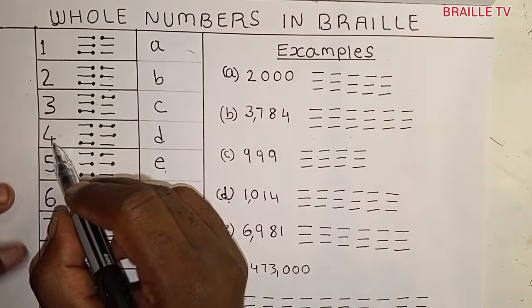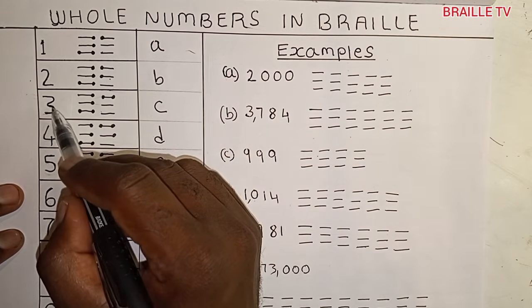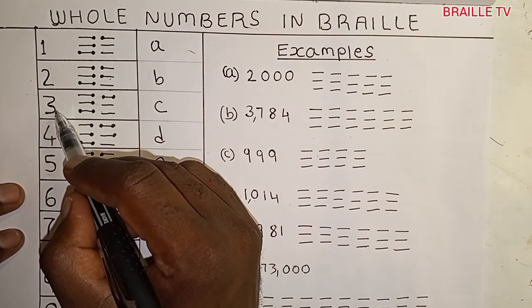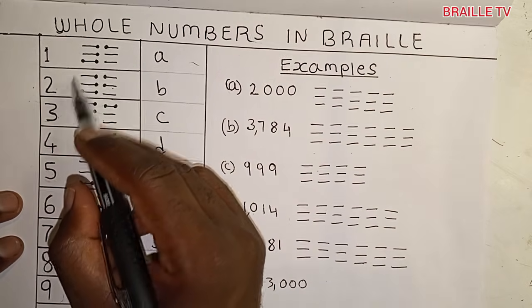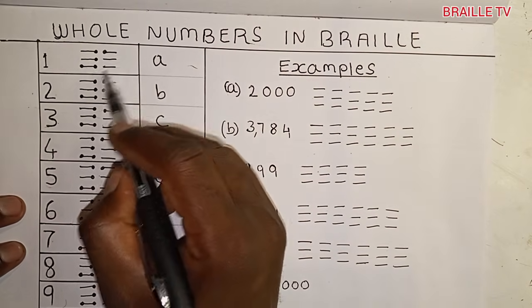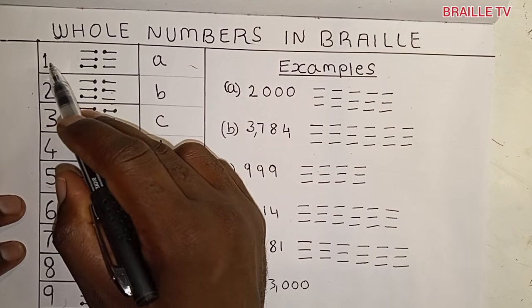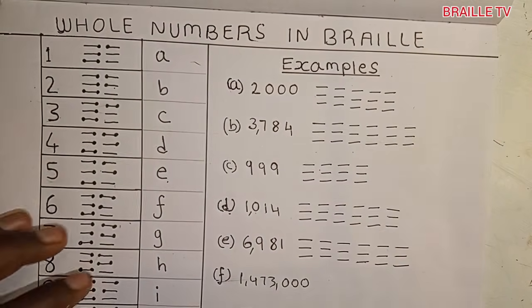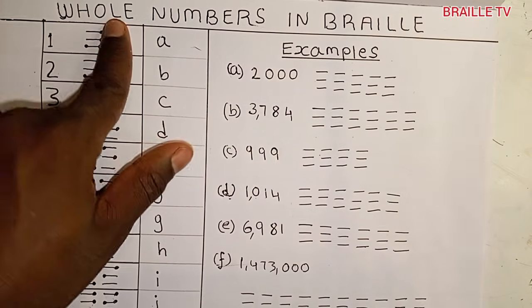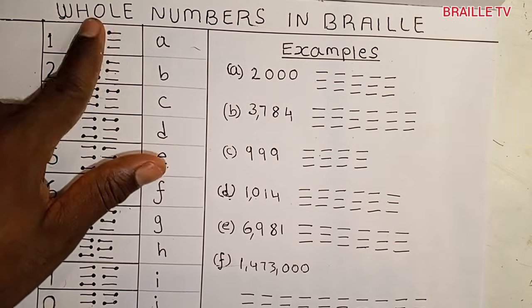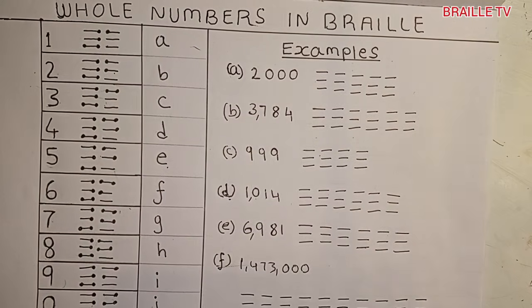And then we have 3 in Braille, and then here, this is 3 in print. We have 2 in Braille and then 2 in print. And finally, this is 1 in Braille. This is 1 in print. So somebody who is visually impaired will just touch and then realize this is not A, it is 1 because of this numeral sign. So it is just simple as that.